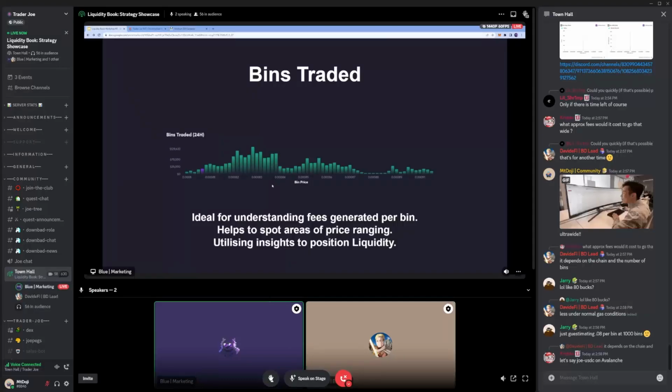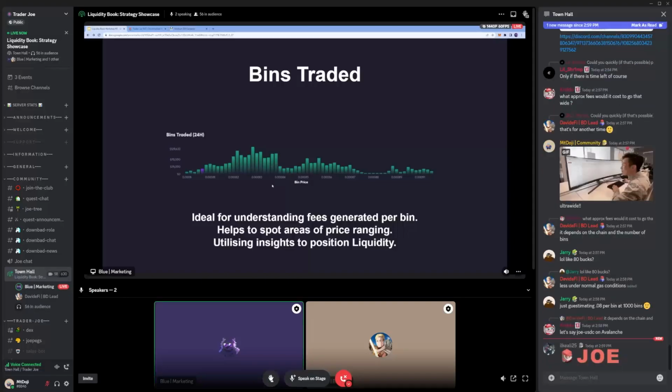And this lovely visualization will help you understand the volume of trading that happens within each bin of a specific liquidity book pool. And this is useful because you can understand over the last 24 hours currently, where all the trading activity happens.